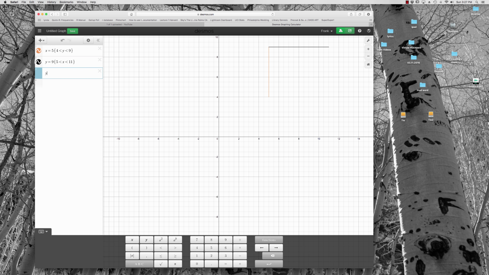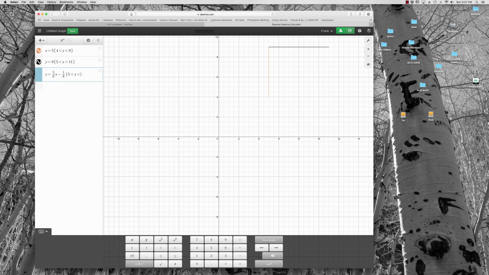And then I guess we can go with y is equal to 5 over 6. Don't forget the x. Minus 1 over 6. And there's a line. Oh, that looks good. But it needs to be bounded. How?